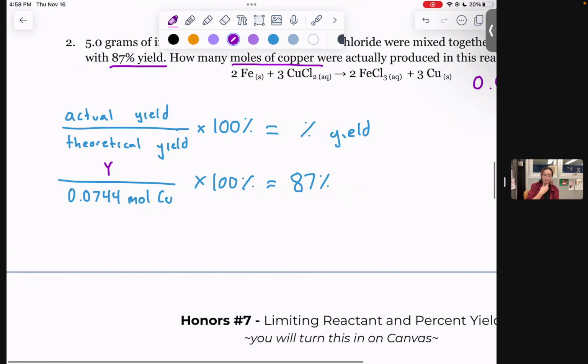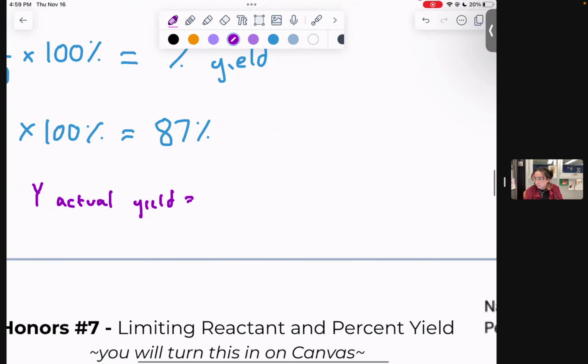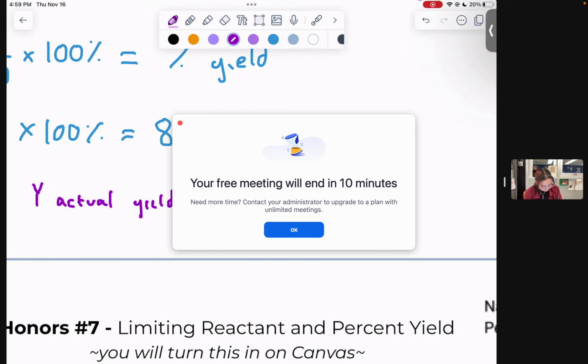So just some algebra, you could rearrange this. Divide by 100 and then multiply over your theoretical. So if this is a helpful way of thinking about it, you could solve for the actual yield. Should be 0.085 moles.